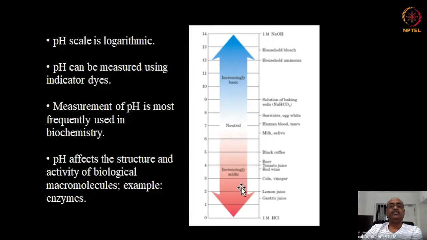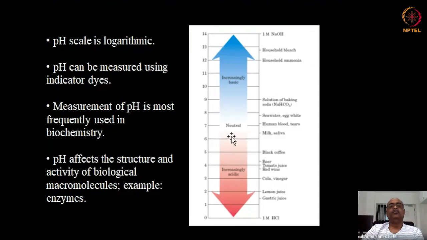So here you can see the different solutions that we use at home have a different range of pH. For example, stomach gastric juice, the juice produced in our stomach for digestion, has a very low pH, about 1.5. Lemon is a little less acidic. Vinegar, which is primarily acetic acid, and the phosphoric acid present in beverages like Coke or Pepsi that you drink, are acidic, although weaker than gastric juice, and so on.